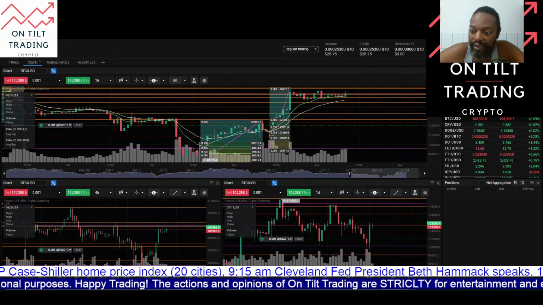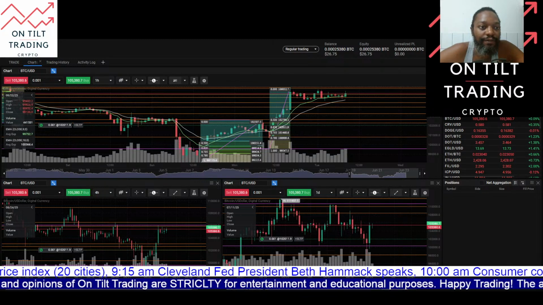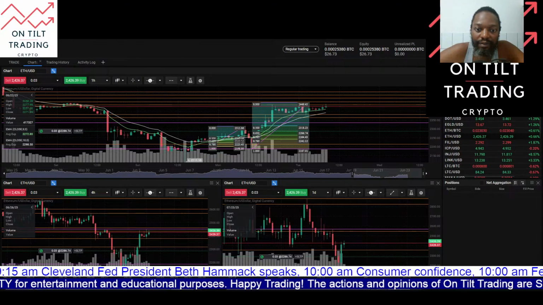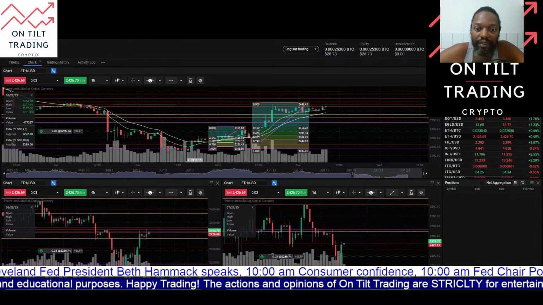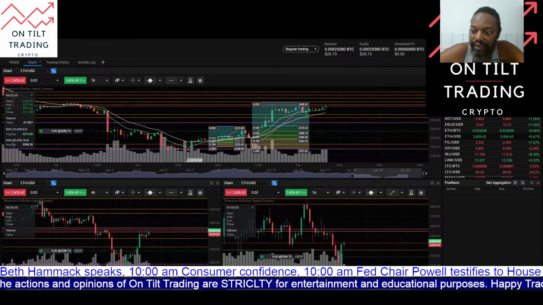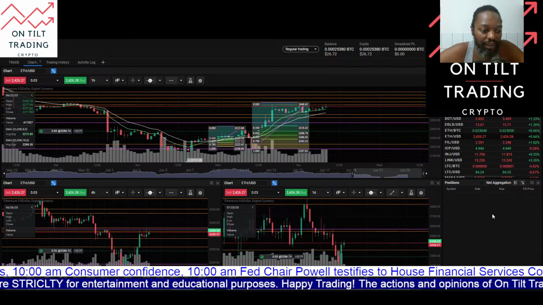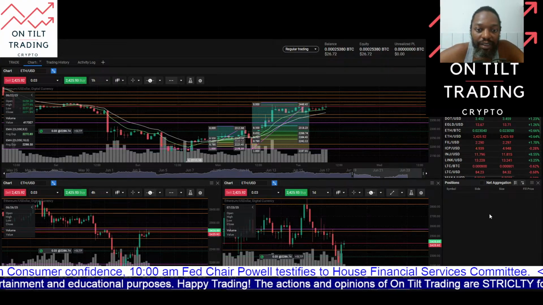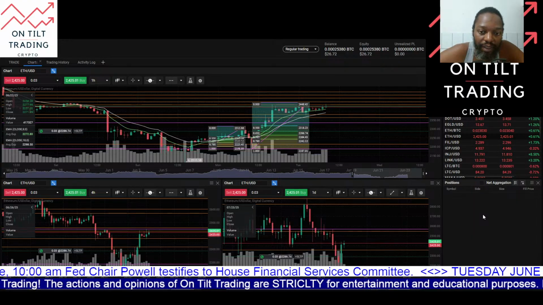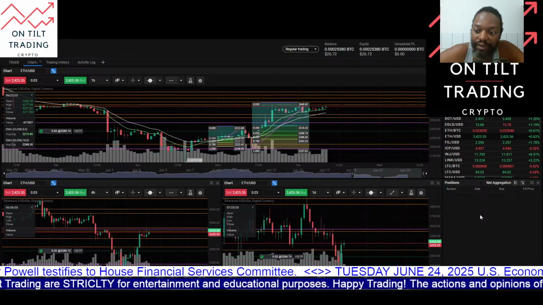Just consolidating here in a range. Same thing here. Just consolidating here in a range. So slow day today, but as I mentioned, likely due to all of the volatility from yesterday, the market needing to recover before it decides what it wants to do next.